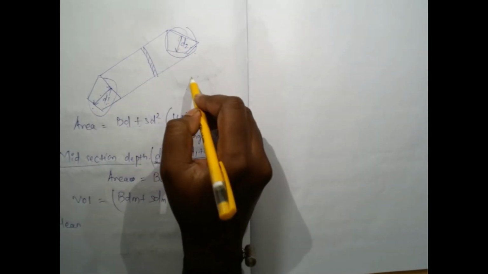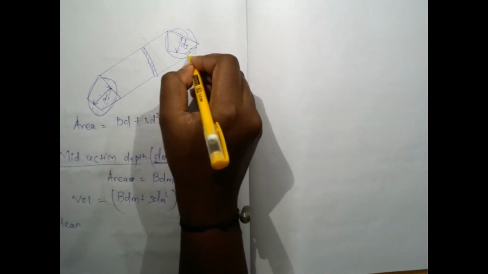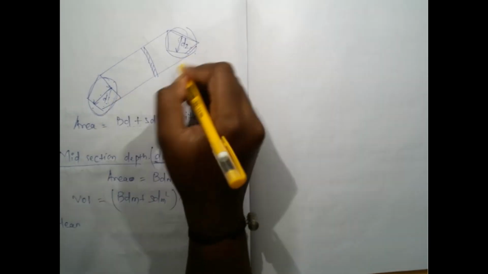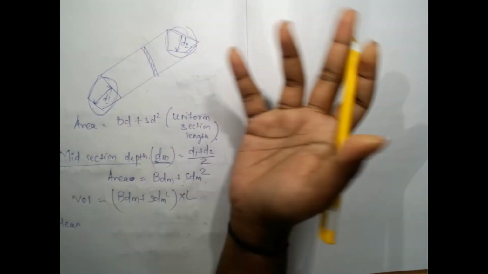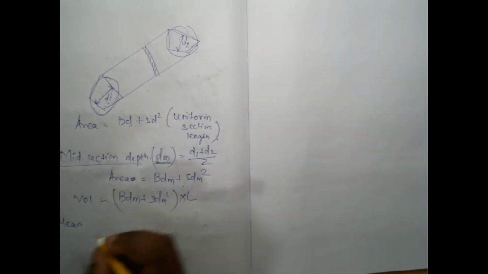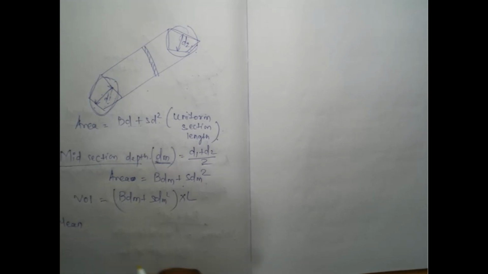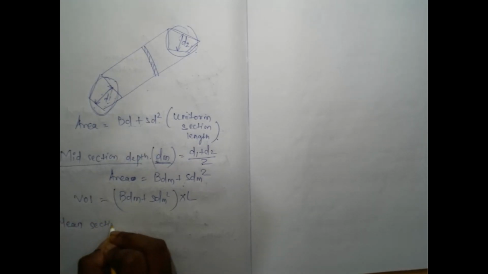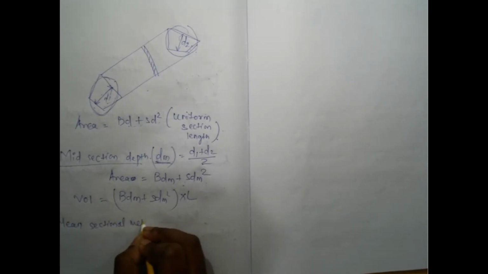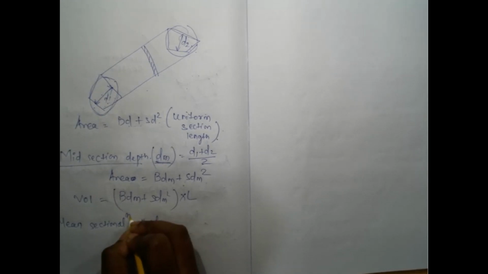Suppose we find one area by taking D1 on this side, then find another area by taking D2, and then take the mean of both, then it can also be the same. So another method, this is the mid section method, is one kind of method. Then another method is known as the mean sectional method or area method, we can say.